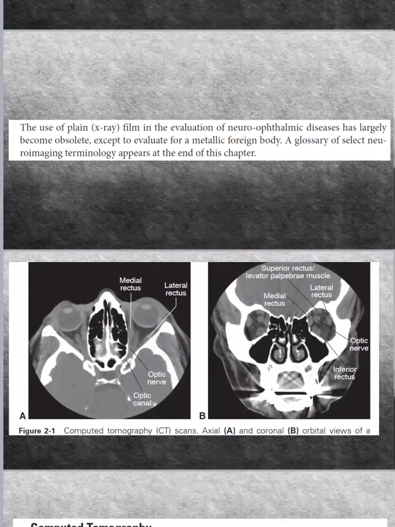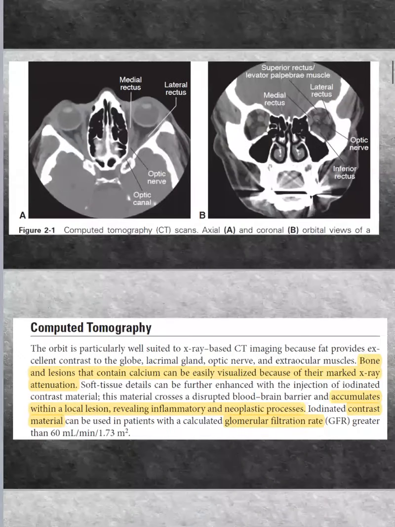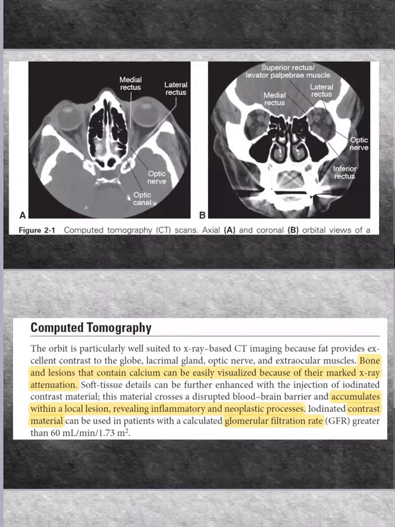Okay, so let's start with the CT. In CT I have just two views. This one, which I'll draw in red, is the anteroposterior view. I have also this one, which is the coronal section.